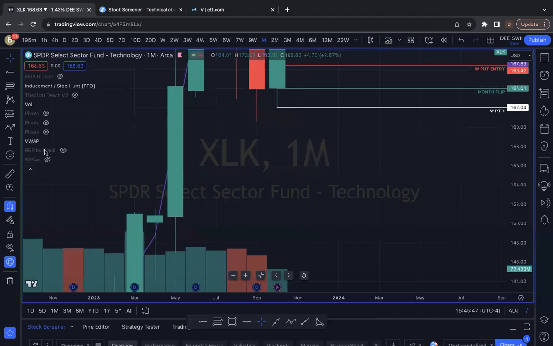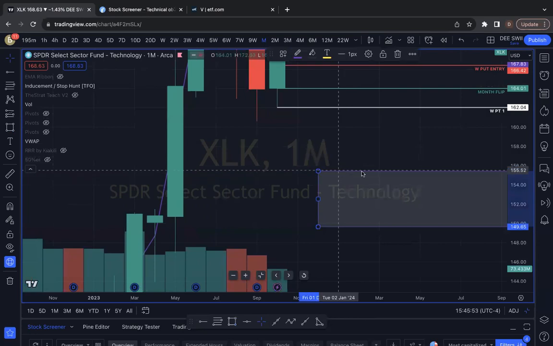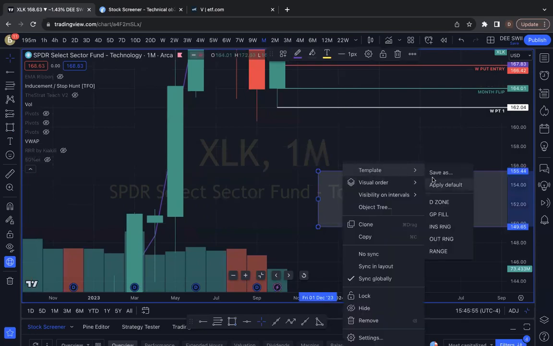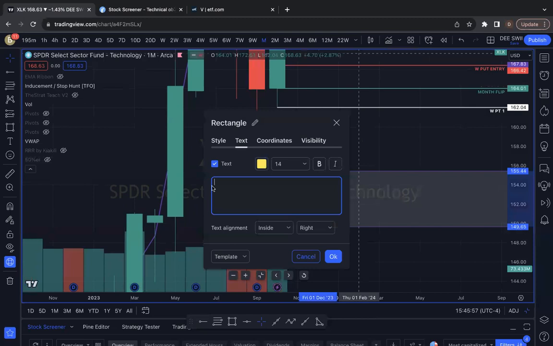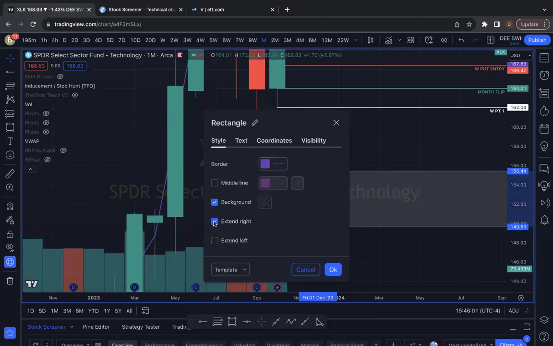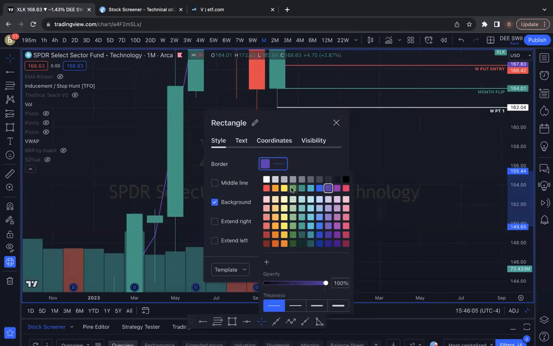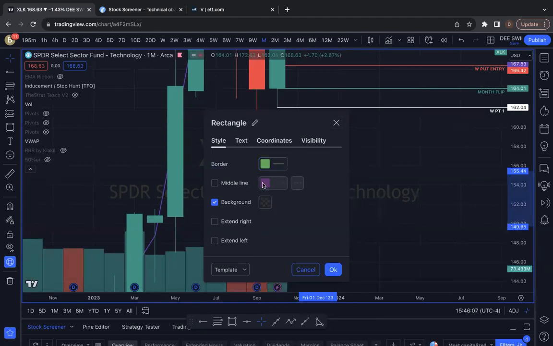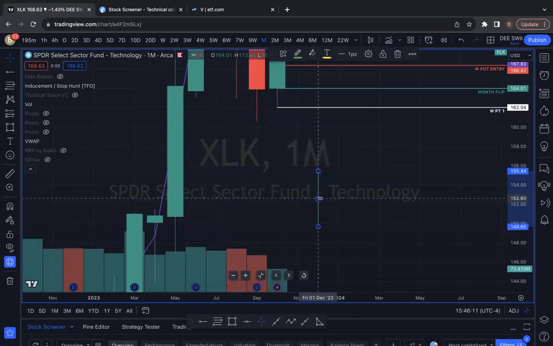And I will draw something to illustrate that to see if it helps you guys. Not going to extend it. We're going to make this green.